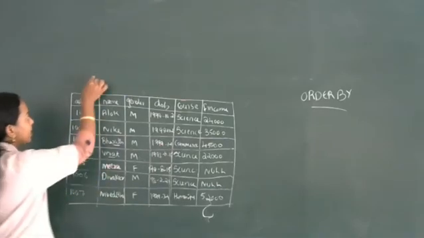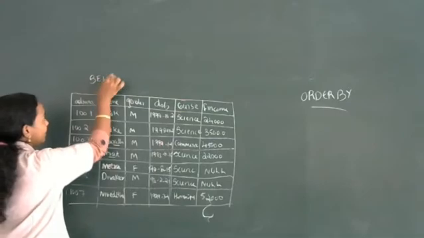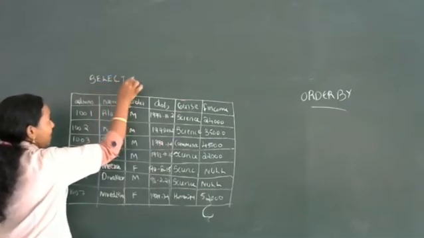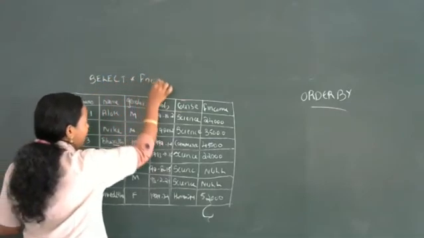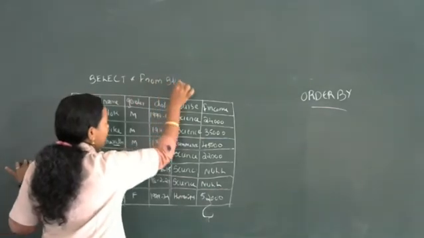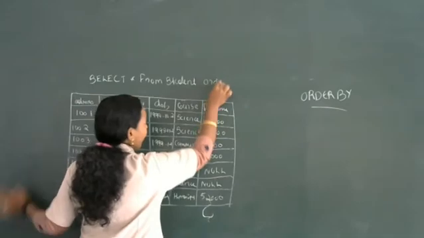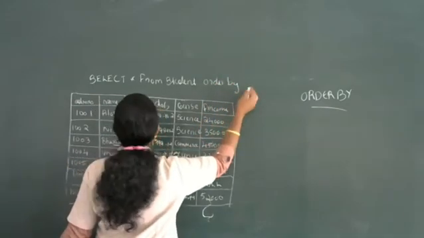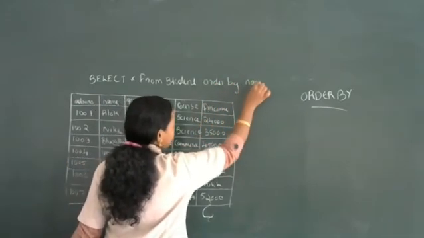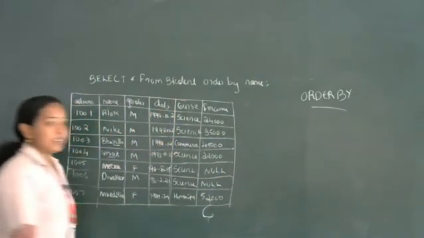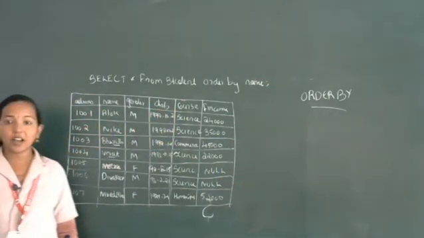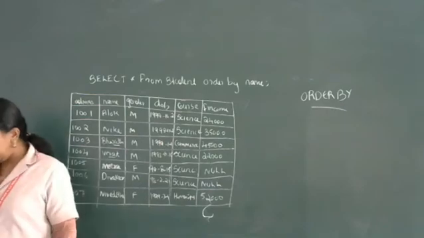How will we write? SELECT * FROM student ORDER BY name. What is the statement? SELECT * FROM student ORDER BY name.